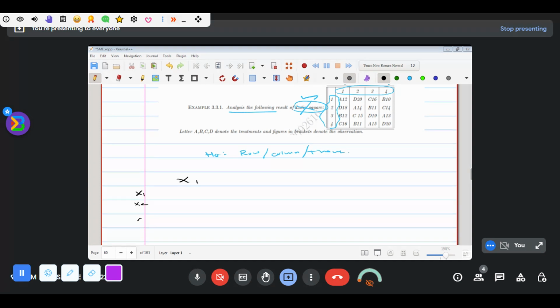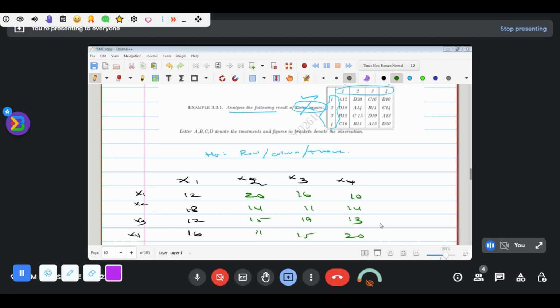So rows and columns are not rearranged in the treatment format A, B, C. You write the given values directly: 12, 8, 12, 16, 20, 14, 15, 11, 16, 11, 19, 15, 10, 14, 13, 20.